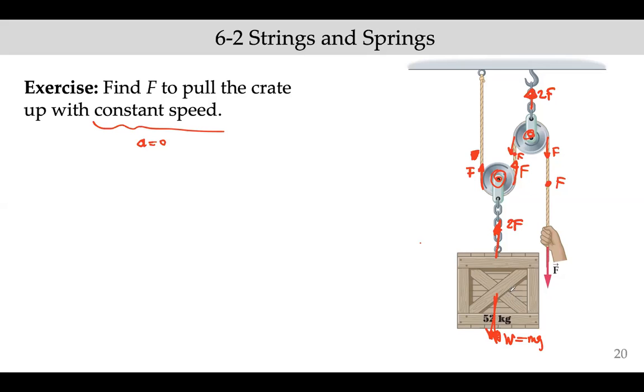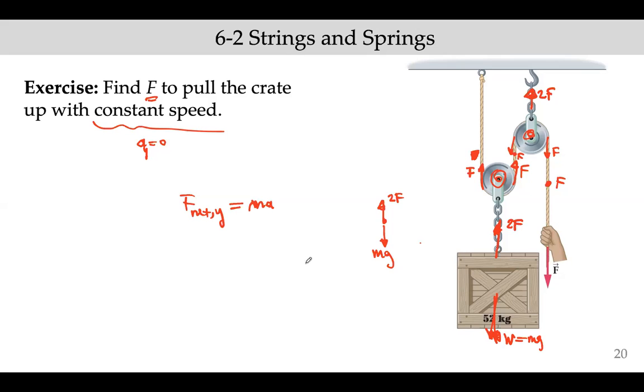Okay, so let's write down. If you want, we can also do the free body diagram here. So we have 2F and we have mg. The question is, what is F so that the crate moves up at constant speed, which means zero acceleration. So acceleration in the y direction would be 0. Let's write F net y equals m a y.